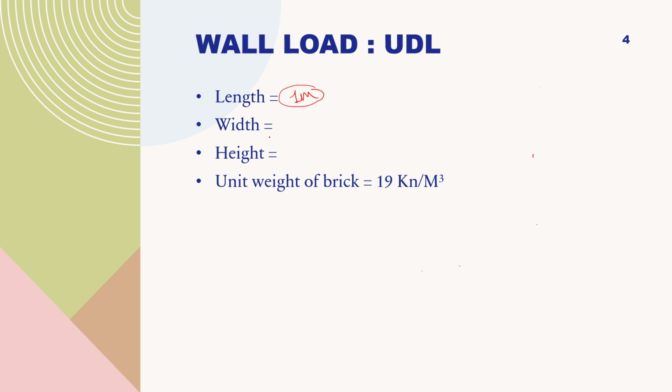First, width. Generally we consider 0.230 meter for external wall, whereas 0.115 for internal wall. In this example I will show you for external wall, and then you can calculate for internal wall on your own.